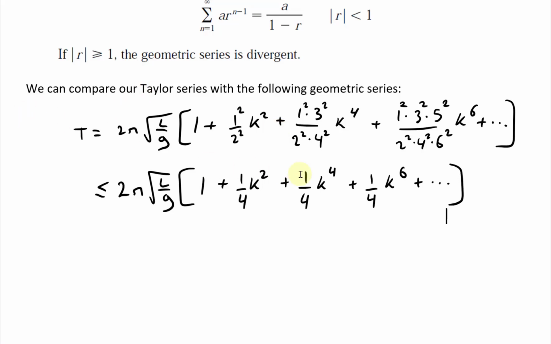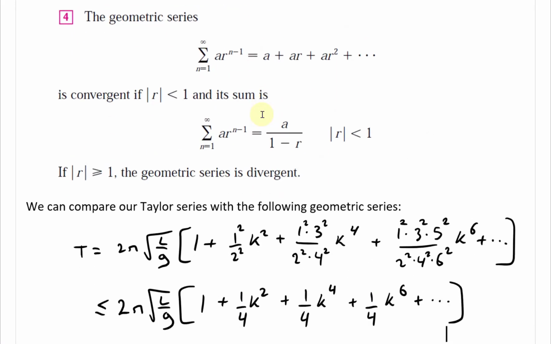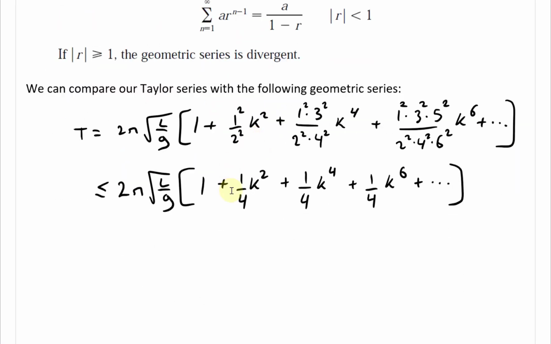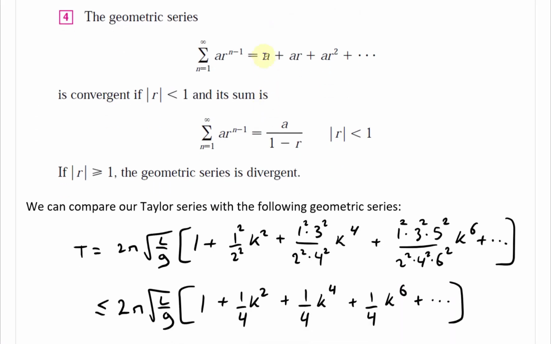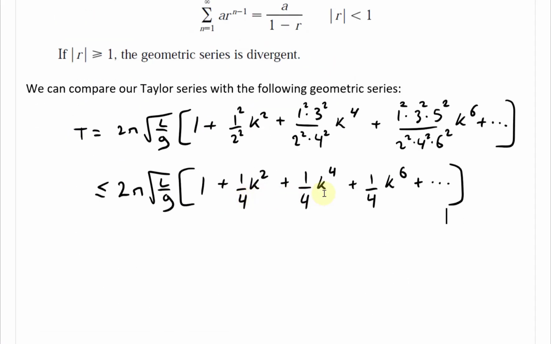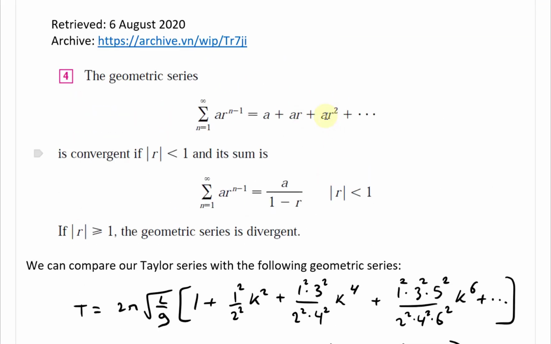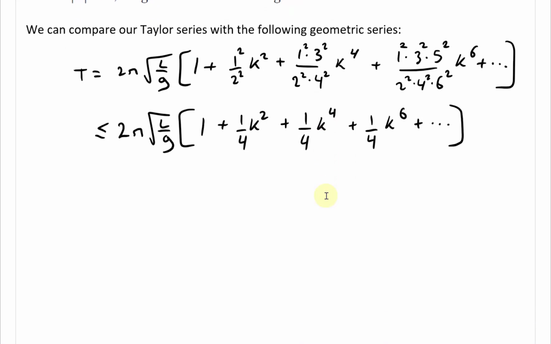Now if you look at this part right here, we have 1 over 4 k squared, and it keeps going on. This is a geometric series, where we can ignore the first 1 and look at this first term. Our a is just 1 over 4 k squared, and the next term is multiplied by r, where r is just k squared. This part right here is a geometric series.